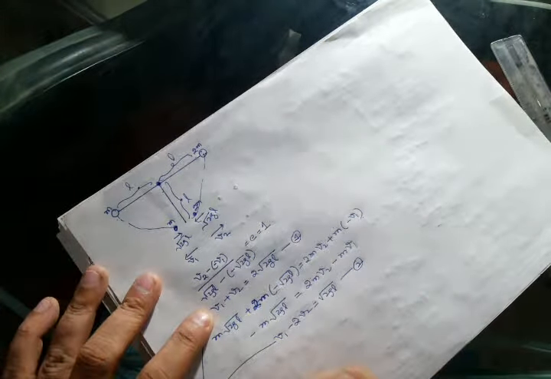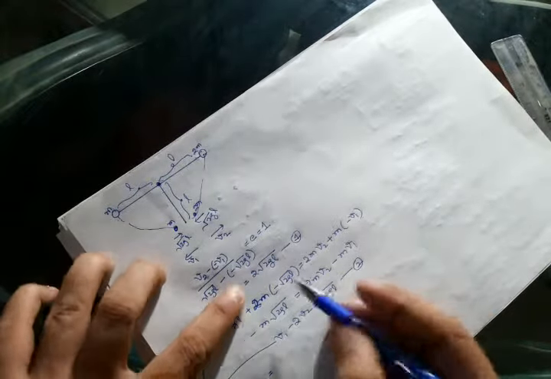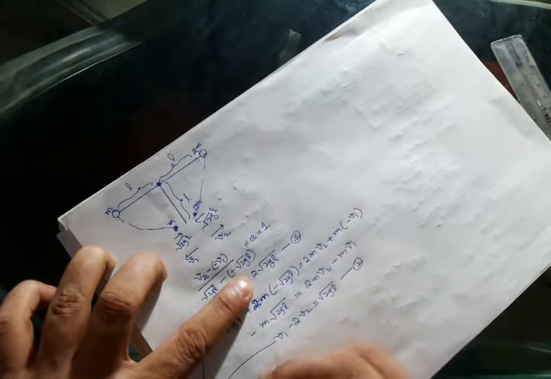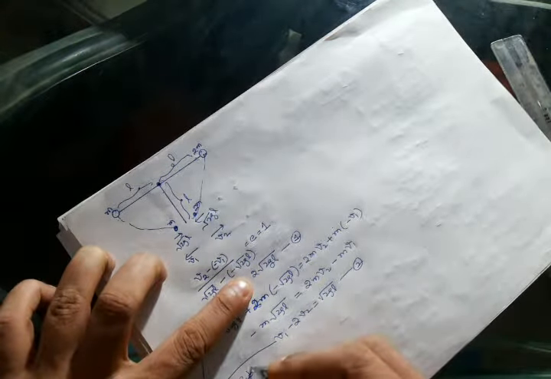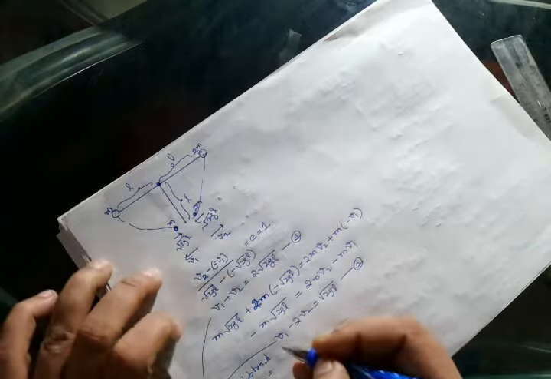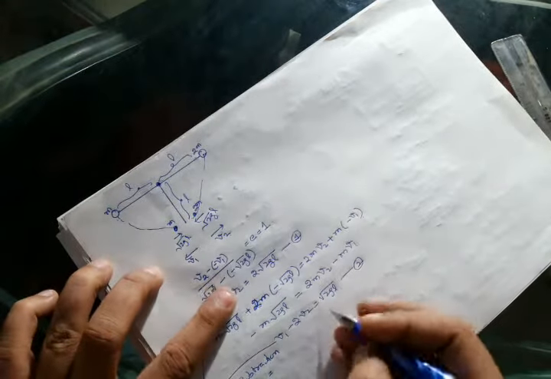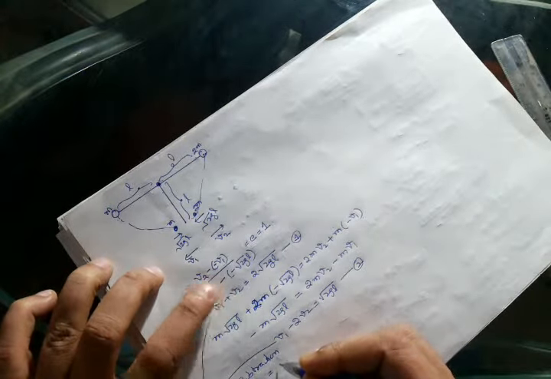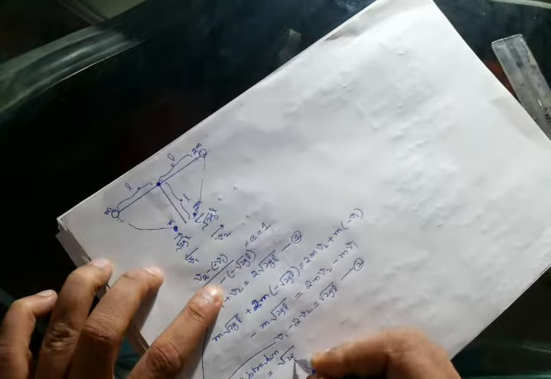Subtracting each other, 3v2 is equal to root 2gl.